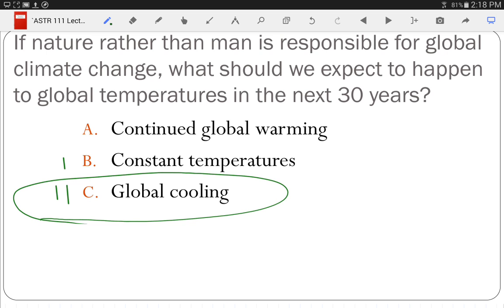Then when the ice is gone, the temperature really starts taking off. So if the ice pack is getting less and less, that's a sign of global warming. If the ice pack is getting more and more, that would be the opposite. Ice pack also plays a big role in this whole debate because if you have more ice, the ice reflects the solar radiation, so less stays in the Earth.